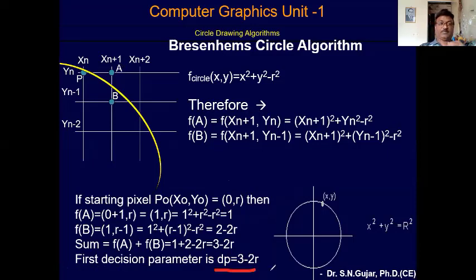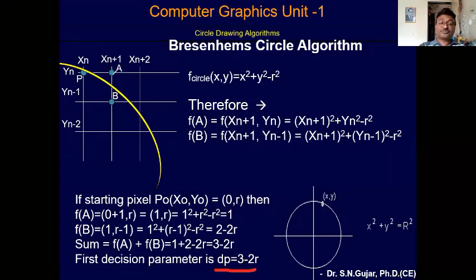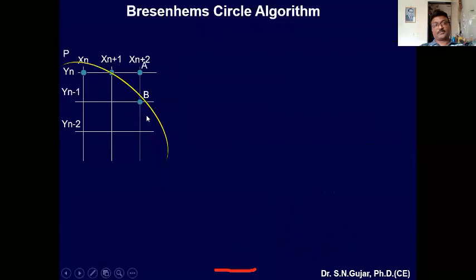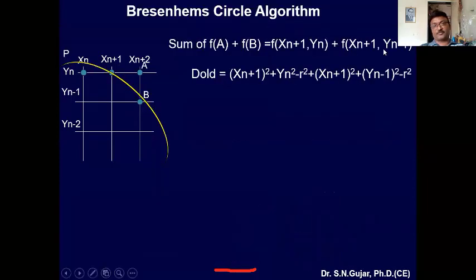Okay. Now I am going to select the point again. For this 3 minus 2r, suppose I have put it in the equation, the point I have selected, f of a plus f of b, and this becomes my d old. That value I have put as d old in the previous one. Now what is my next point going to be?